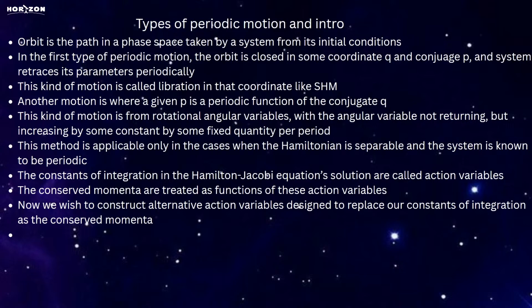The constants of integration in the Hamilton-Jacobi equation are called action variables. And we have seen previously that the conserved momenta are treated as functions of these. However, now we wish to construct new action variables which are designed to replace our constants of integration and our conserved momenta.